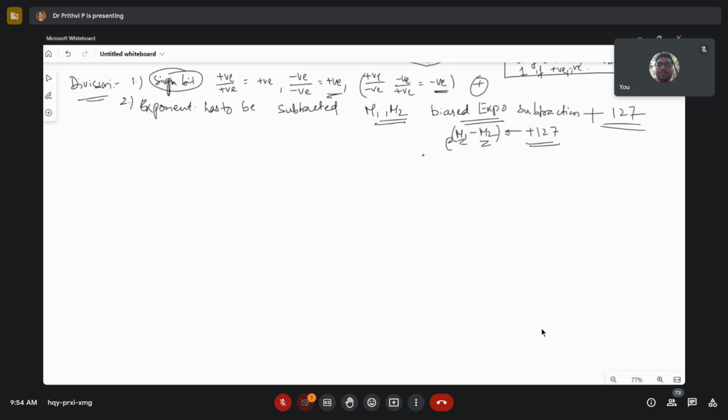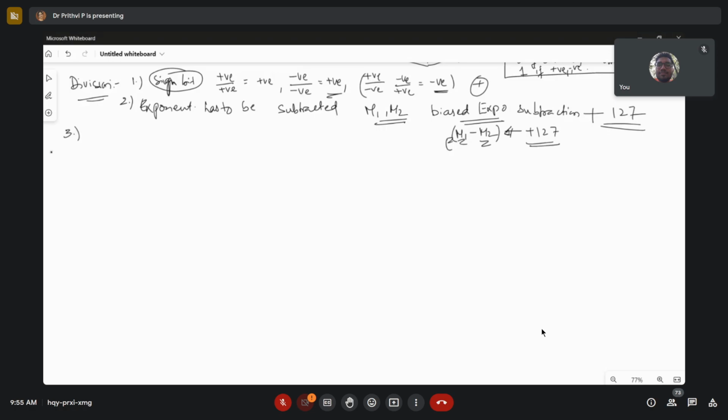If there is an overflow when you are adding, we need to adjust the mantissa, because that cannot exceed the range of the 8-bit representation. So, the exponent will be obtained by adding 127 to the difference of the exponent values. That gives you the exponent.